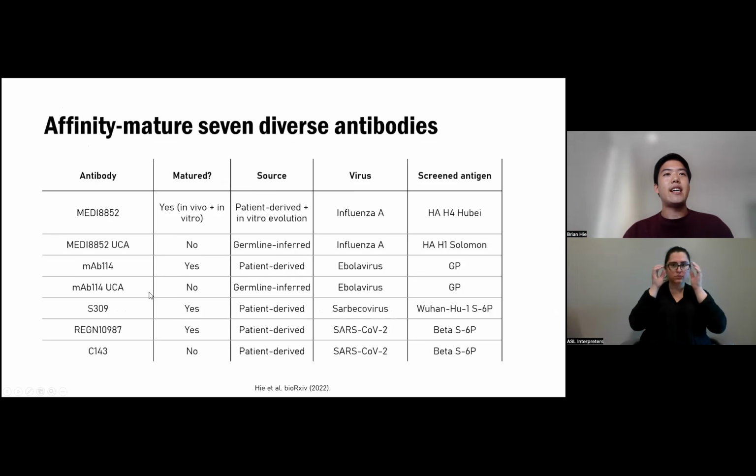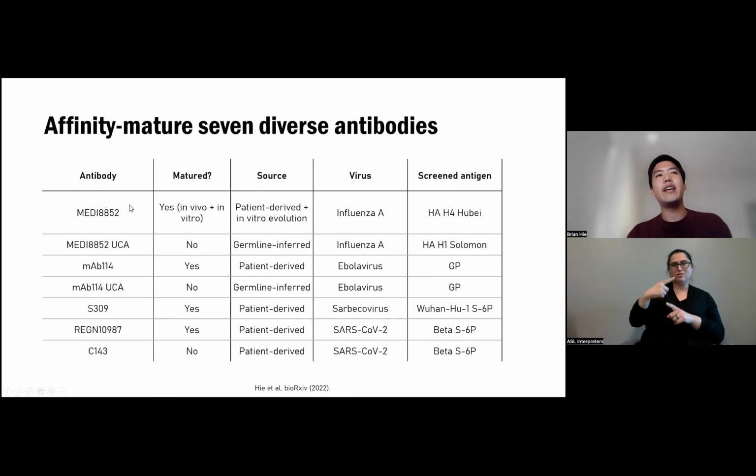And we picked 7 antibodies that we wanted to affinity mature. These were chosen based on relevance to things that the Kim lab is interested in, which is viruses, as well as a diversity in antigens and a diversity in degrees of maturity.